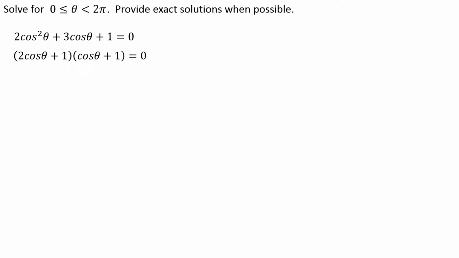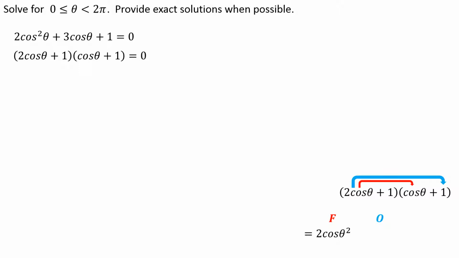How do I know if I factored it correctly? I gotta check with FOIL. That's truly the only way I'm going to know if I've factored correctly. So let's see, 2 cosine theta times cosine theta, that's 2 cosine squared theta. 2 cosine theta times 1, 2 cosine theta. 1 times cosine theta, cosine theta. 1 times 1 is 1.